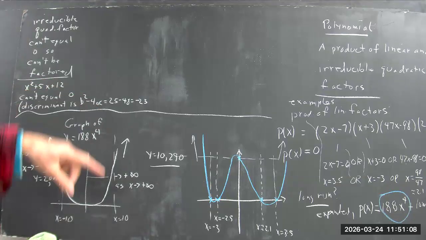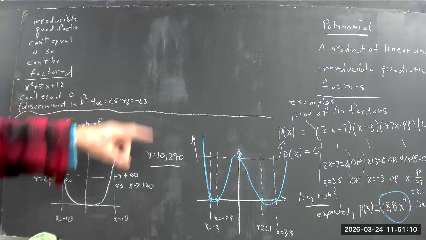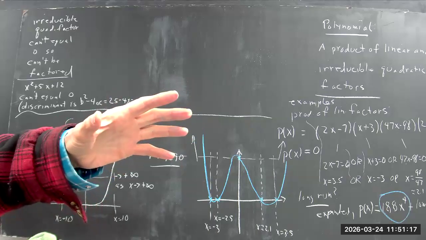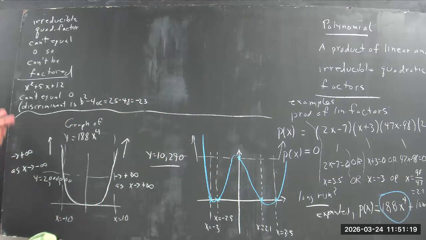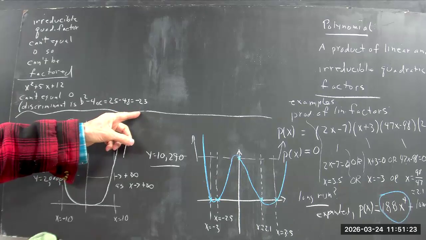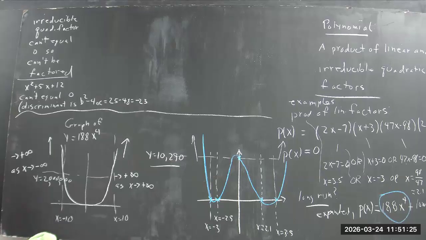So if you try to set this equal to zero, you're going to get a negative 23 under your square root. So it can't equal zero for any real number, at least, because it's only equal to zero for a complex number. So you want to store that away. That's what we mean by irreducible.